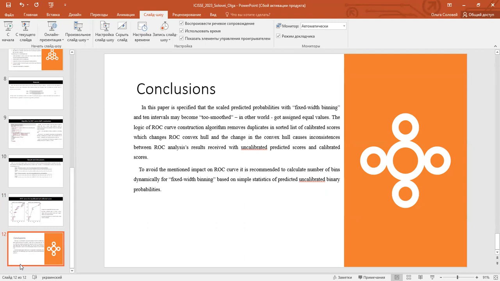To avoid the mentioned impact on the ROC curve, it is recommended in the current study to calculate the number of bins dynamically before calling fixed width binning. We need to consider the statistics of the predicted binary uncalibrated scores while choosing the method for identifying the number of bins.